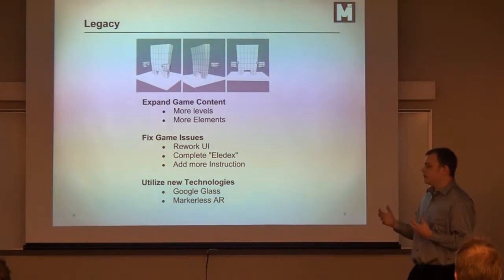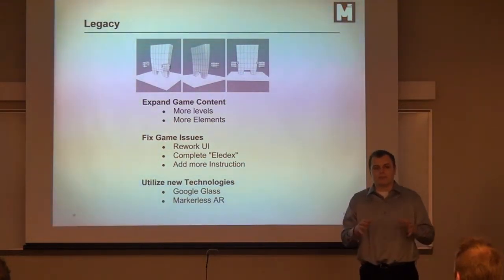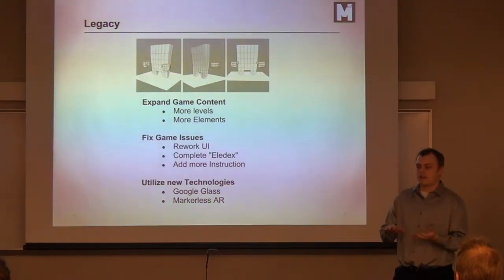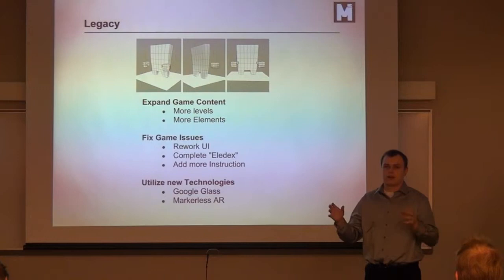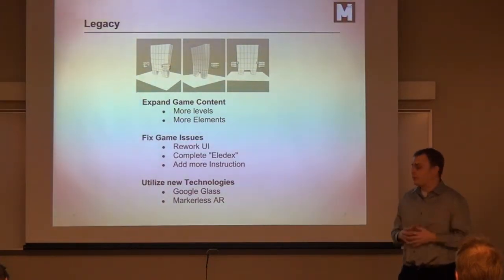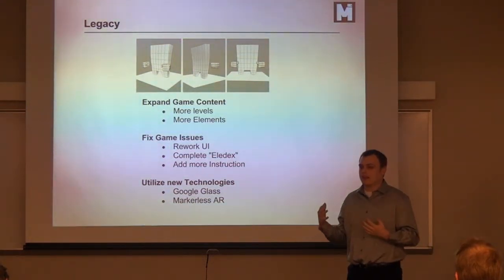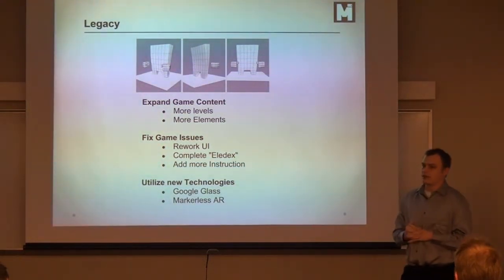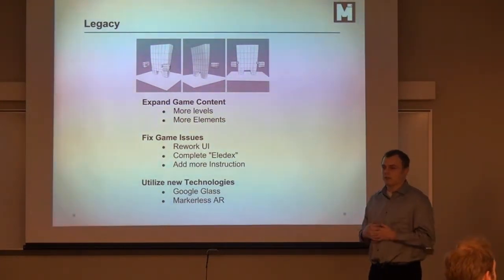So technology is moving towards giving us the ability to recognize just flat surfaces or place games or interact with different objects in your environment, such as items on a desk or a table. So as you can see, there are a lot of different ways this project could go, and a lot of exciting and new opportunities that could be taken.